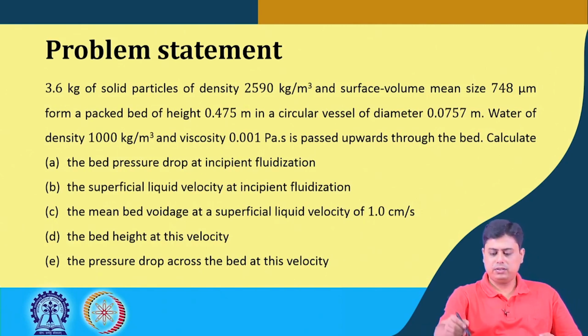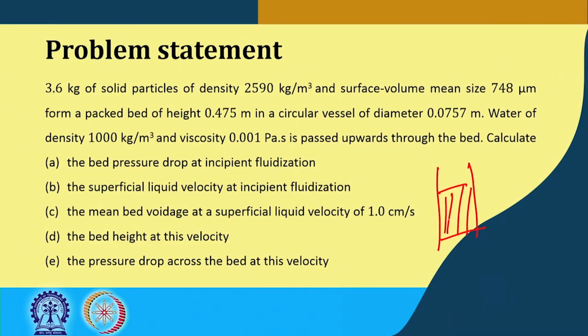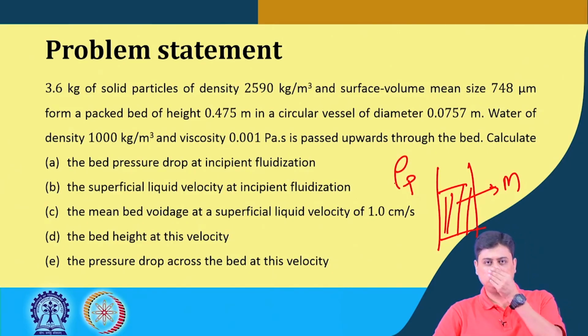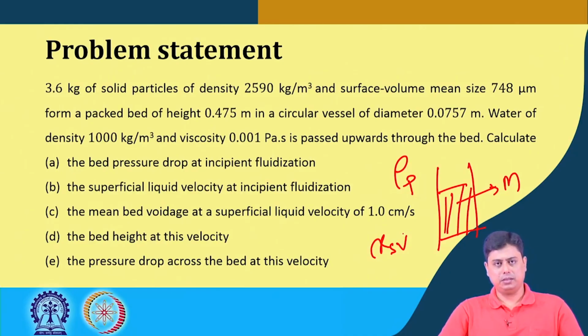If you at first draw a schematic, this is your packed bed. The weight of the particles, or the mass, is known. Then you have the particle density, which is rho p. You have the value x_SV, the surface volume mean diameter.